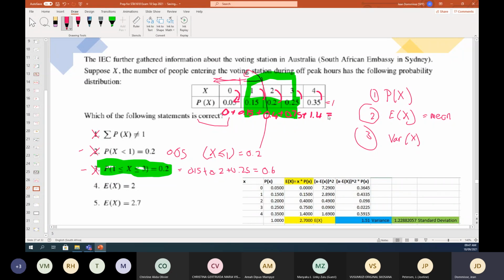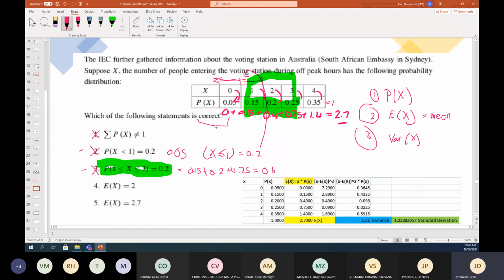So 1.4 plus 0.75 plus 0.4 plus 0.15, and that is 2.7.